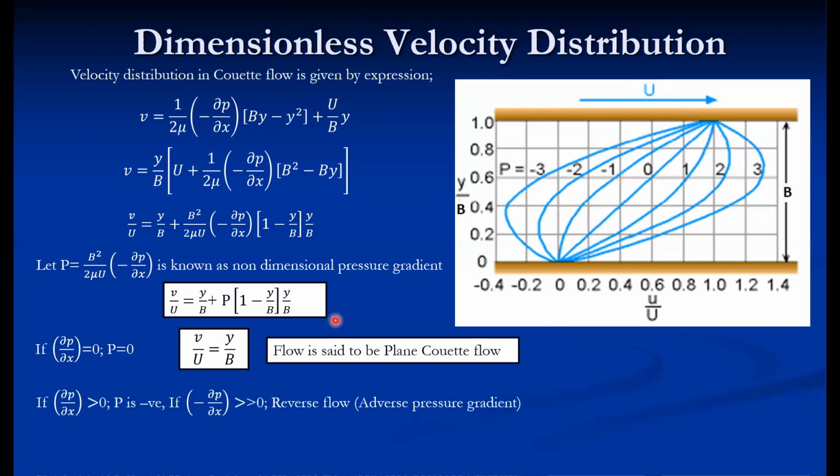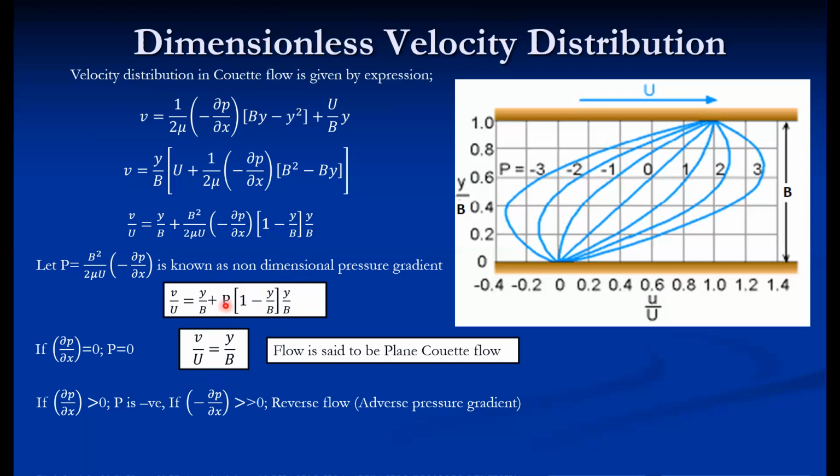The second condition: if ∂P/∂X is positive, then P is negative, because if this is positive, the bracket term is negative. So P is negative, and this value is always positive because Y by B is always less than 1.